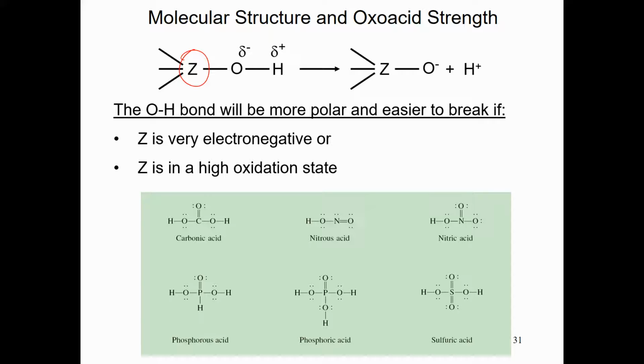So it becomes a strong acid. So nitric acid is a strong acid. 3 oxygens, 1 hydrogen, that's going to be a strong acid. 2 oxygens, 1 hydrogen, not as strong. This is a weak acid. And with carbonic acid, we have 3 oxygens and 2 hydrogens and a carbon, which is not electronegative.